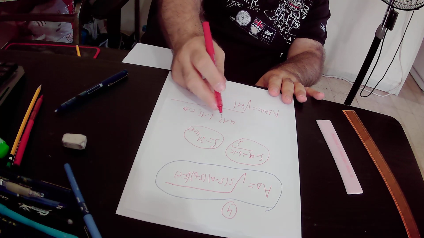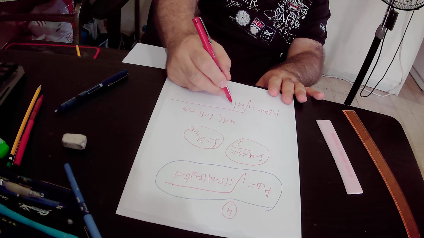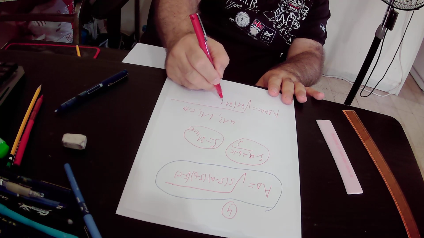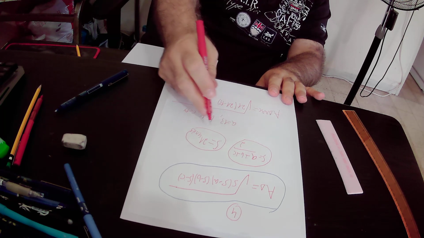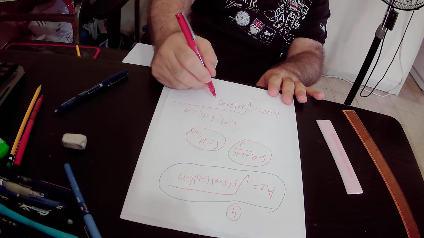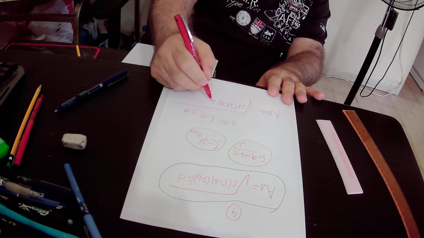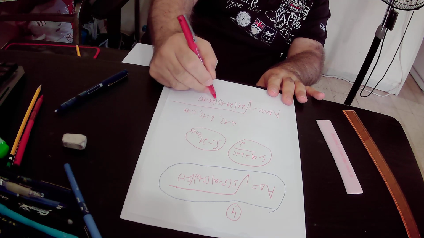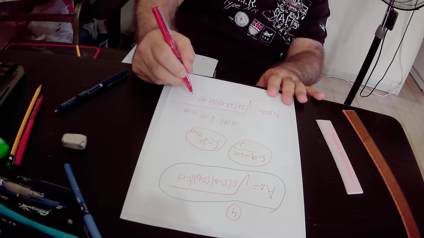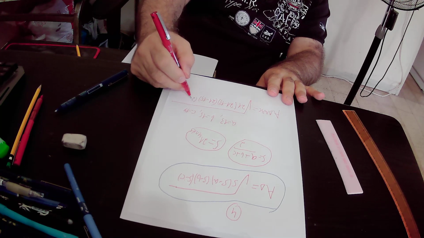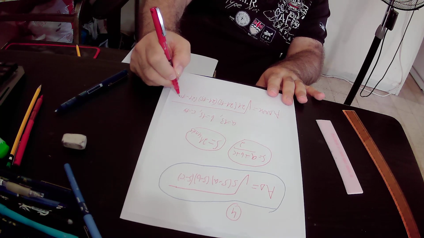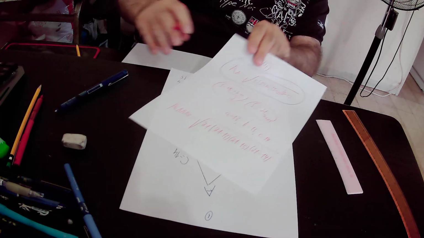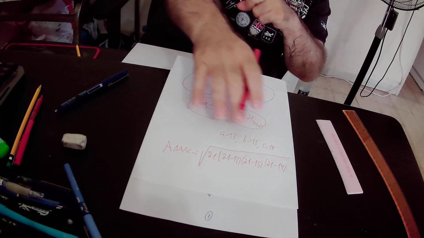So S minus A is 21 minus 13, S minus B is 21 minus 15, and S minus C is 21 minus 14. So the area of our triangle ABC equals this expression.